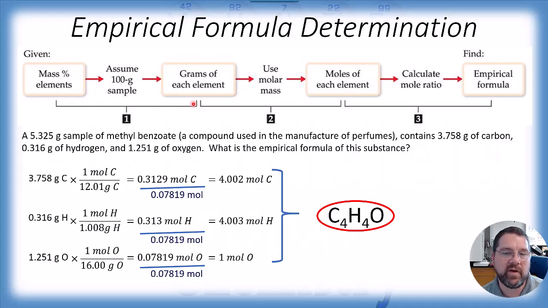But if you get something like 0.1, you want to go back and check your math, because you should get those quotients coming out close to whole numbers, so long as you're using proper sig figs. If for some reason you're using only one sig fig in those mole values, then you're probably going to run into some issues. Generally speaking, you'll always have 3, if not 4 or more to deal with. As you can see here, we take those whole numbers and use them as our subscripts, and we get C4H4O for the empirical formula for methyl benzoate.